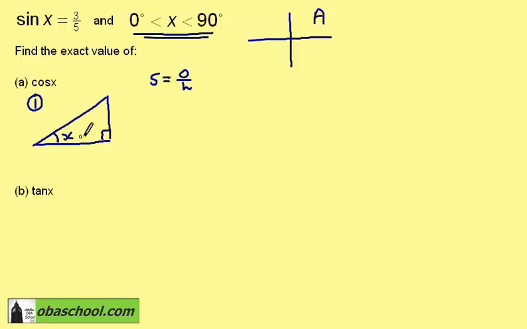So if this is the angle x, the opposite is 3, the hypotenuse is 5, and we should know here the 3, 4, 5 triangle, or if not, we could use Pythagoras' theorem to work out the third side as being 4. We can then read off that the cosine of x, which we know is the adjacent over the hypotenuse, is 4/5.